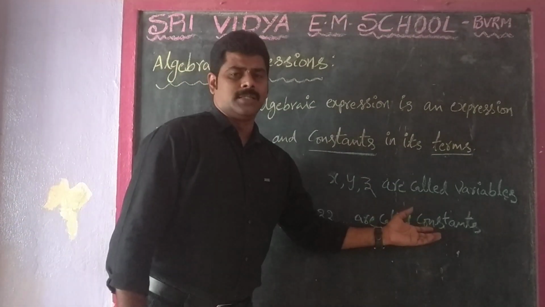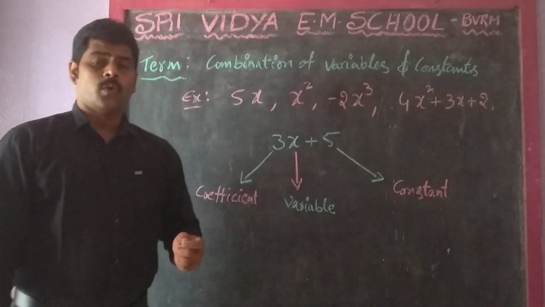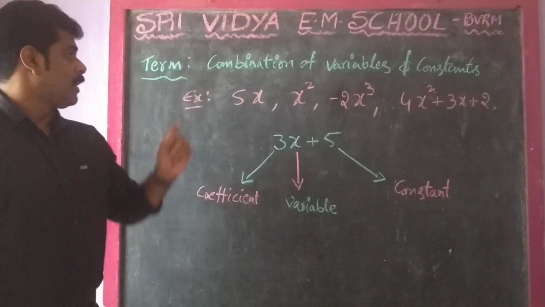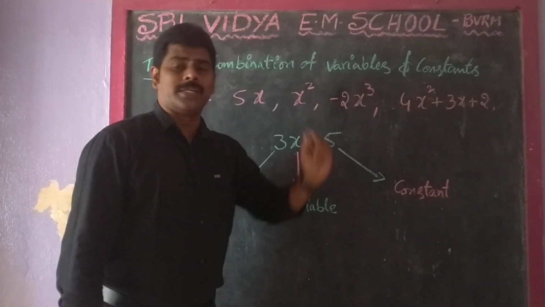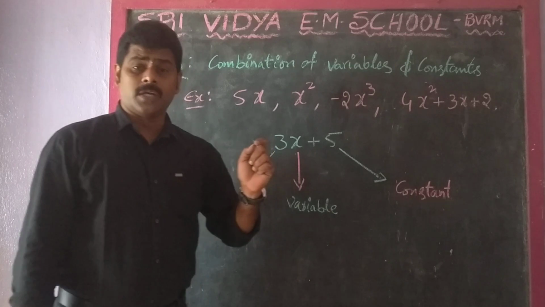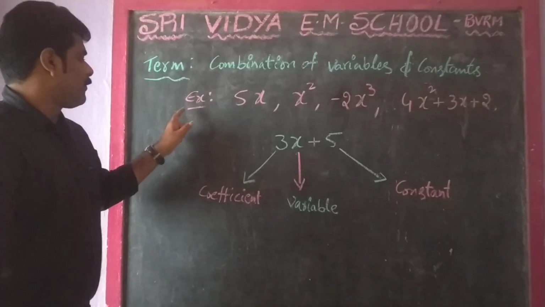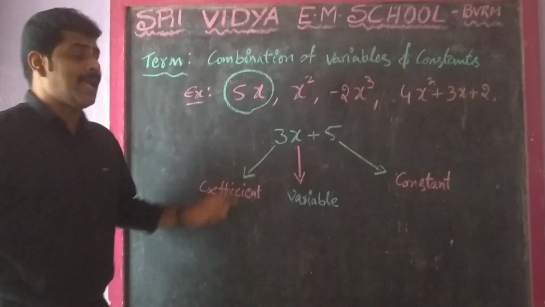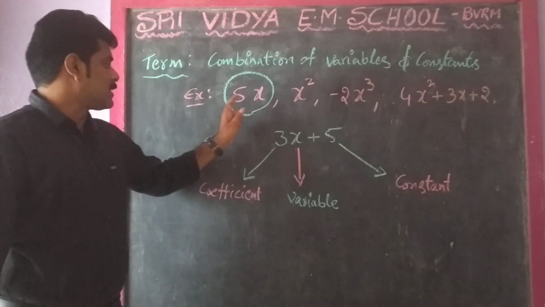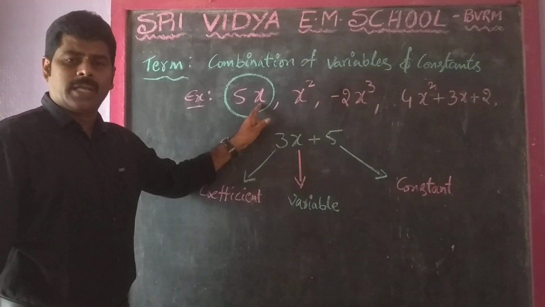These are called constants. Okay? In algebraic expressions, what is a term? A term is a combination of variables and constants. For example, 5x is a term, which is a combination of 5, a constant, and x, a variable.